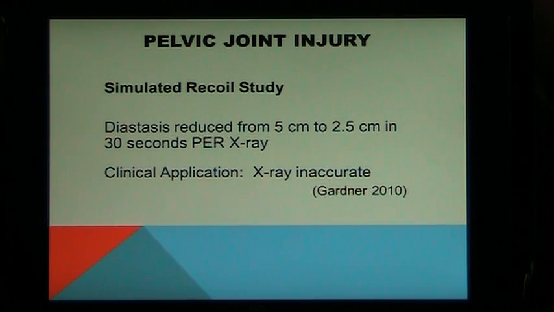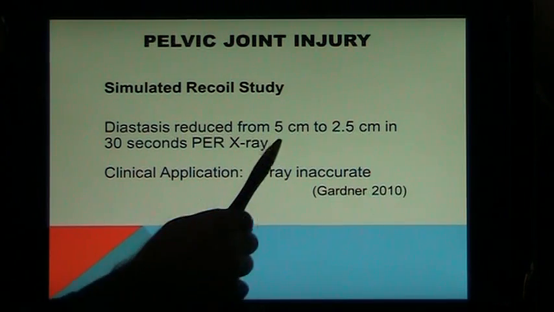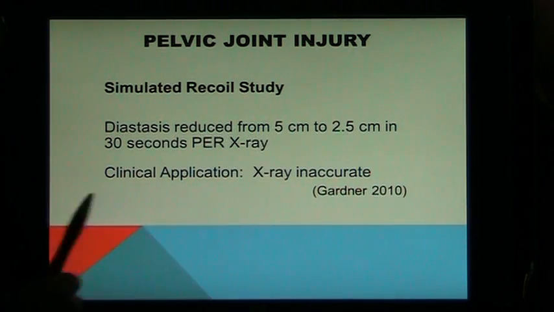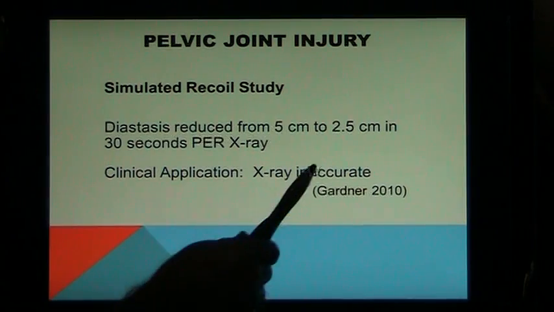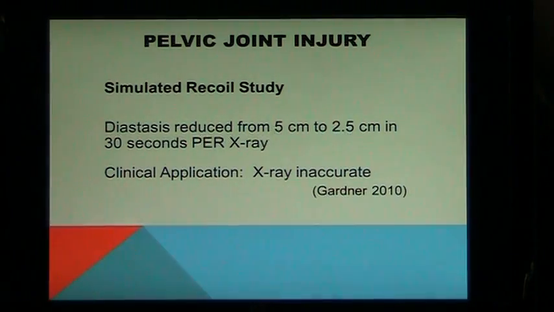These were cadaver models. And when they took the stress away, within 30 seconds, it closed from 5 centimeters, that's 2 inches, to 2.5 centimeters. So it reduced in half very quickly, within 30 seconds per x-ray.